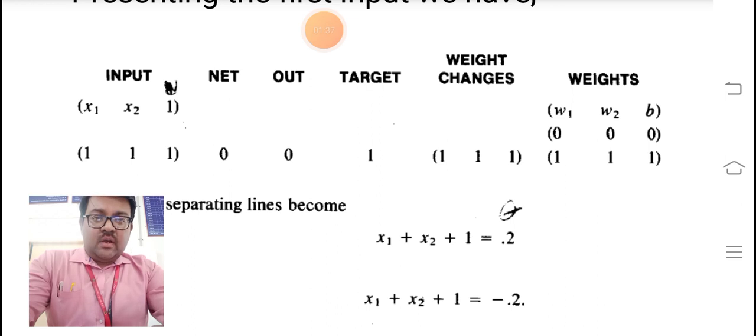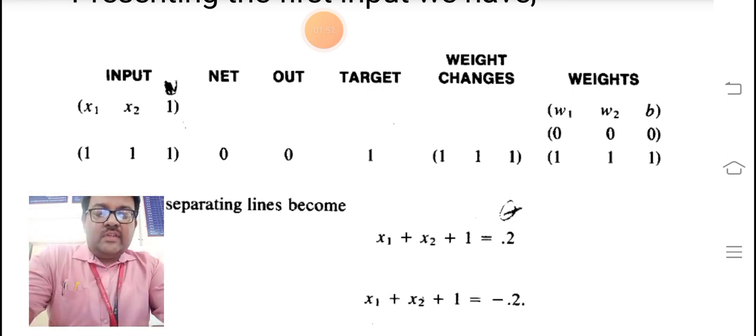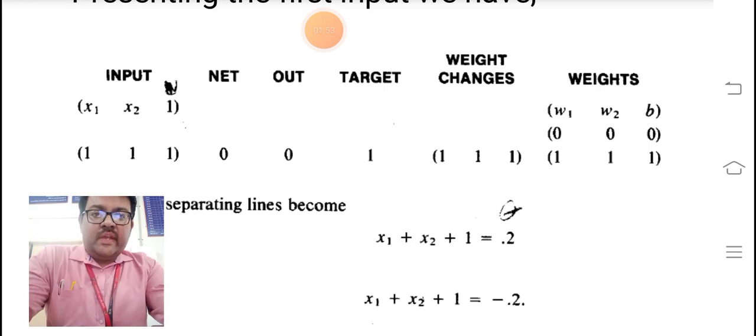And target is the expected outcome. For 1 input, the AND gate output is 1. So when we compare out and 1, they are not the same. It means that there is an error. Then we need to do the weight change. If there is an error, definitely there is going to be a weight change. The weight change is whatever the target value is, and that has to be written if an error has occurred.